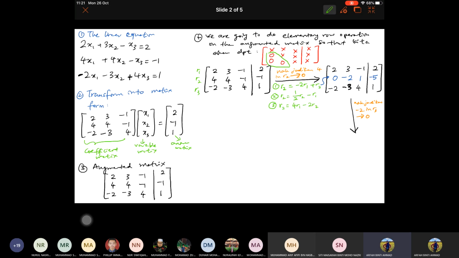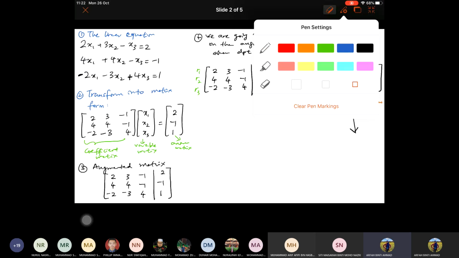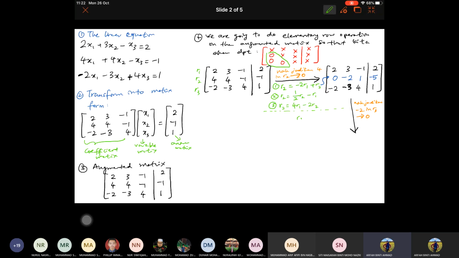So all the possible solution first, saya boleh ambil R3. Saya nak jadikan dia kosong. Saya boleh melibatkan row mana for that operation? Row 1. Okay.